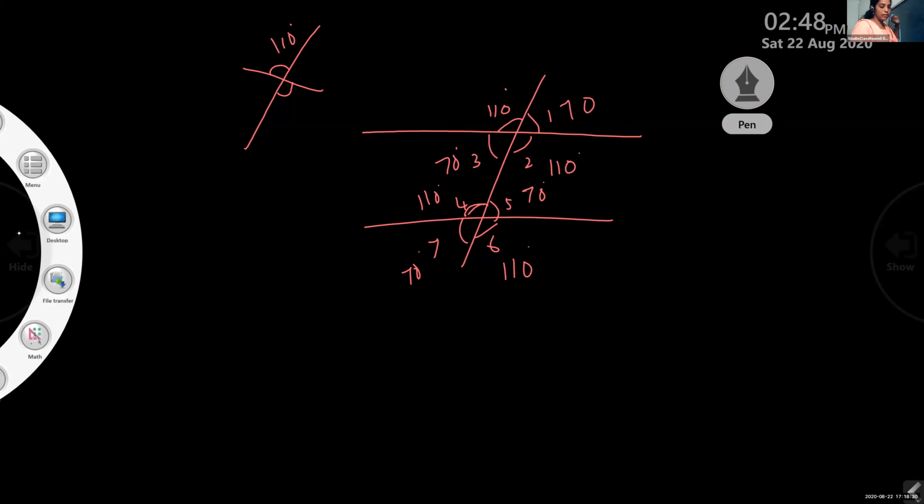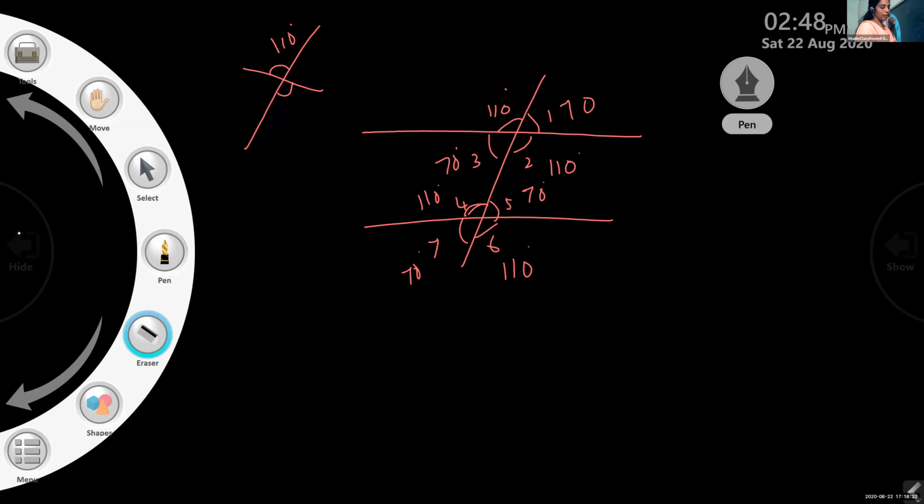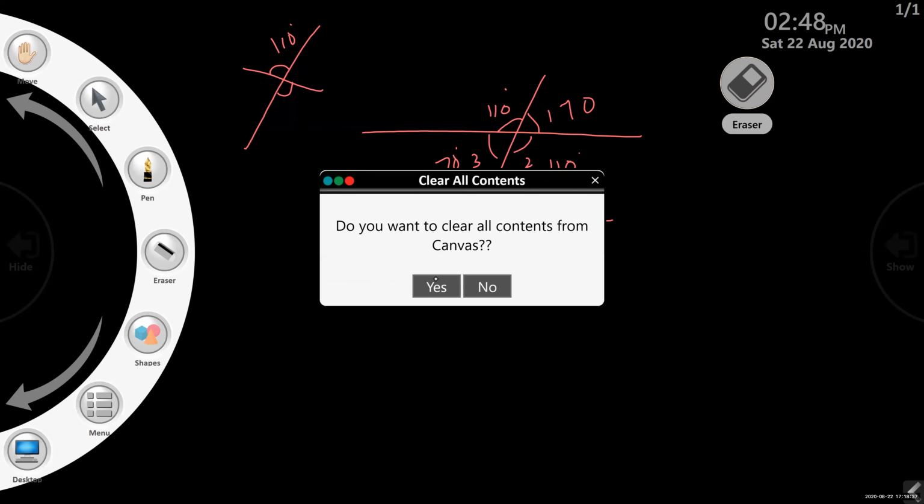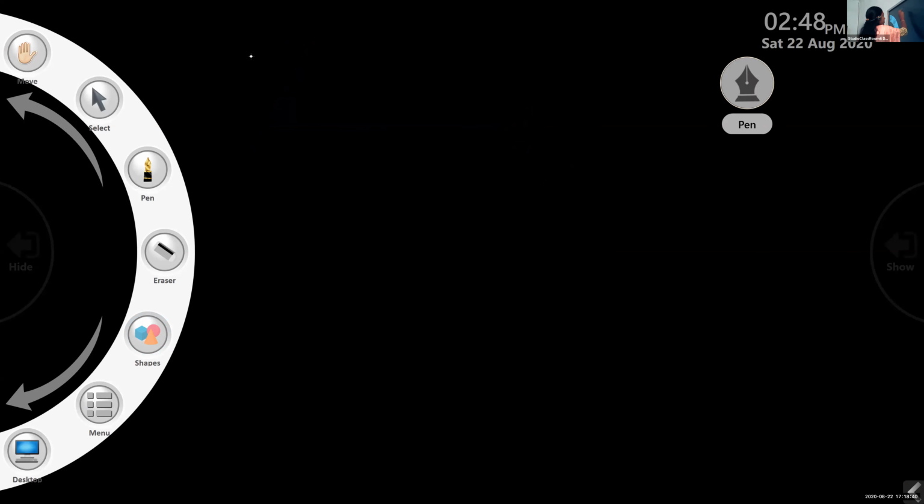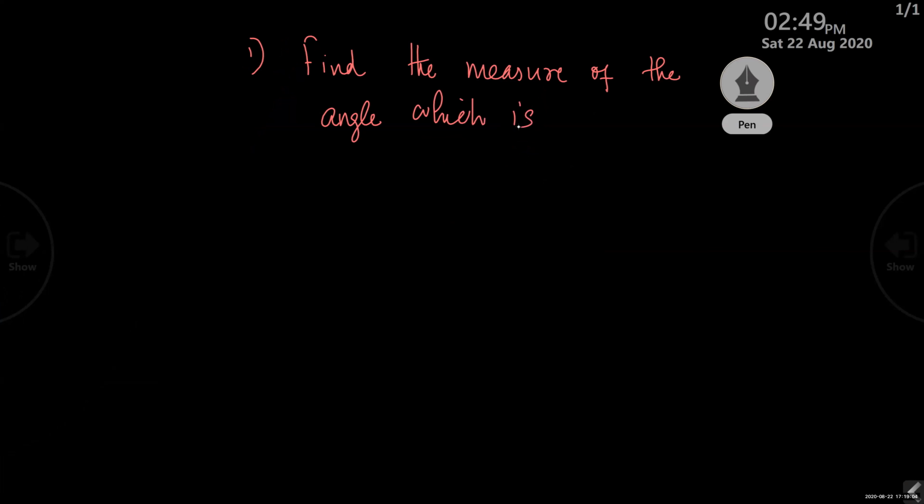The first question: find the measure of the angle which is complement to itself.